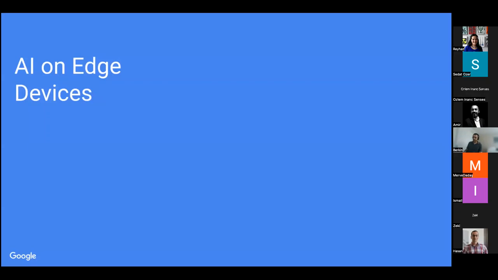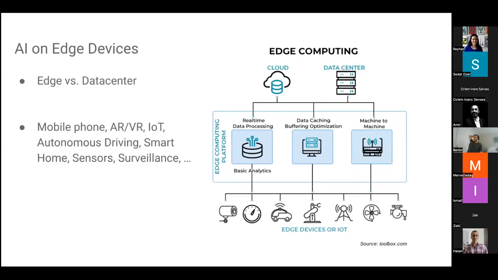So why do we need them and what is actually an edge device, right? When we talk about edge, we are contrasting it against a data center. When you consider this sort of distributed computing environment, we have a cloud and data center that is doing all the expensive computations, and there are the leaf nodes in this network where you have your mobile phones, IoT devices, smart home, et cetera.